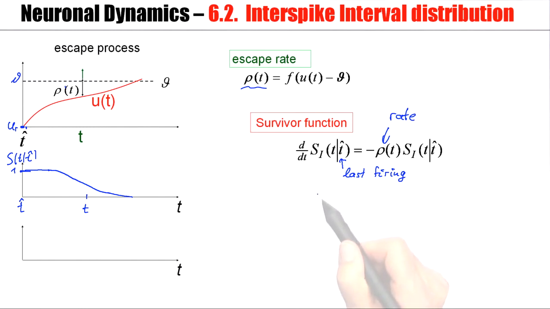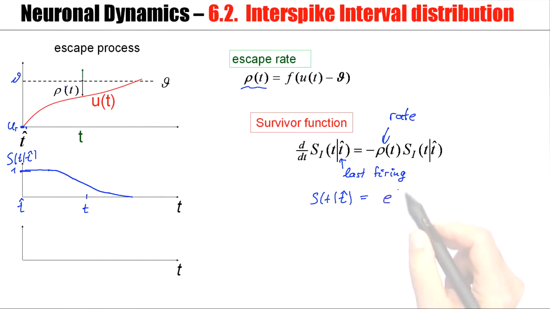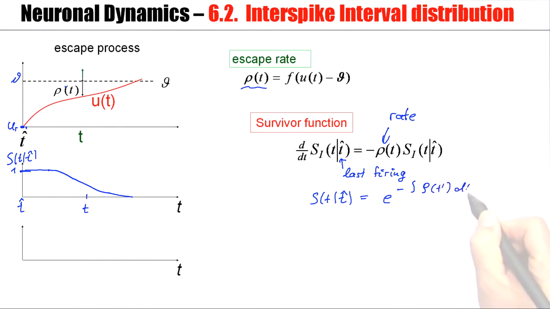So S of t given t hat always starts at 1. Now this is just like radioactive decay, but with a time-dependent decay constant. So we integrate this rho of t prime starting at t hat.